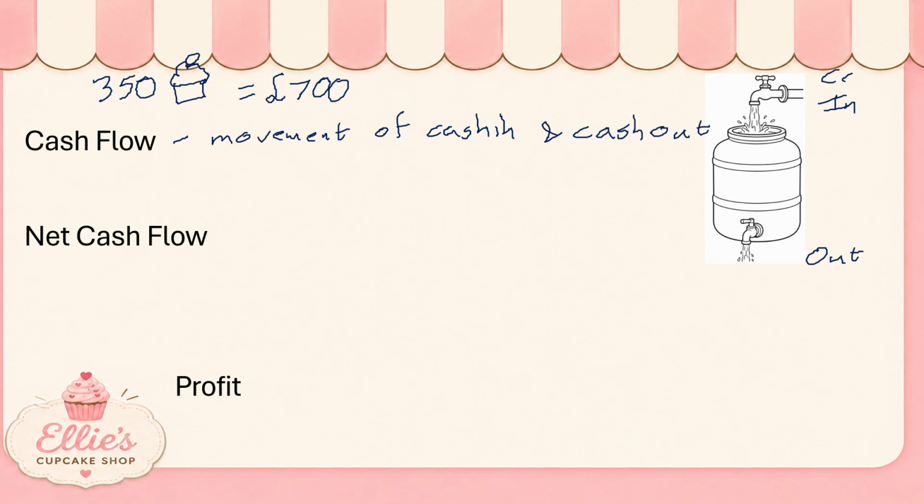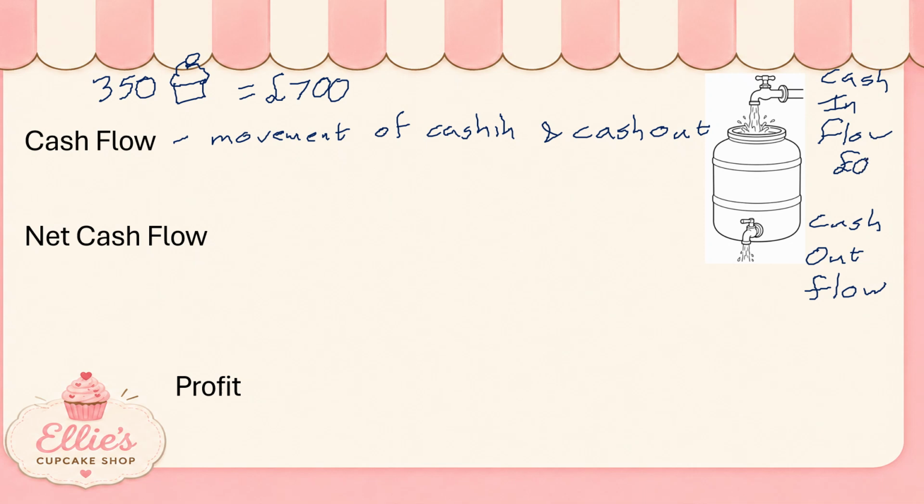Because it's flowing, it's moving, let's call it cash inflow. And then the cash or the money out, and it's flowing, it's moving, we're going to call it cash outflow.